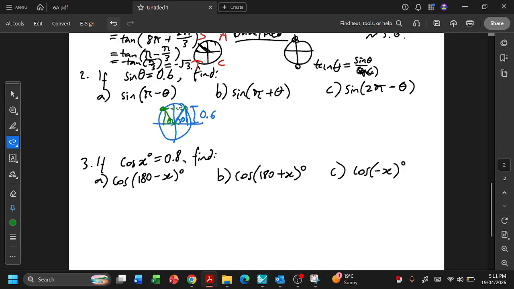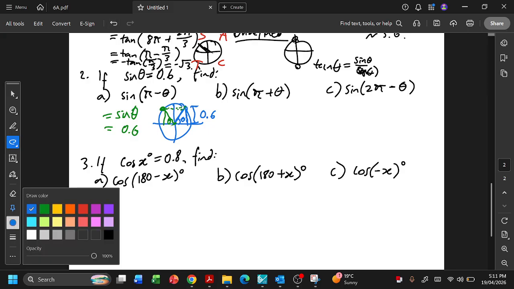The y-coordinates of those 2 points are going to be the same, which tells us that this identity, sine pi minus theta, is always just equal to sine theta, and that's always true. It's one of the symmetry properties. So that means that if we know that sine theta is equal to 0.6, then sine pi minus theta is also equal to 0.6.